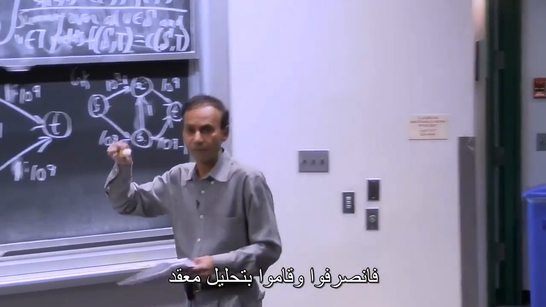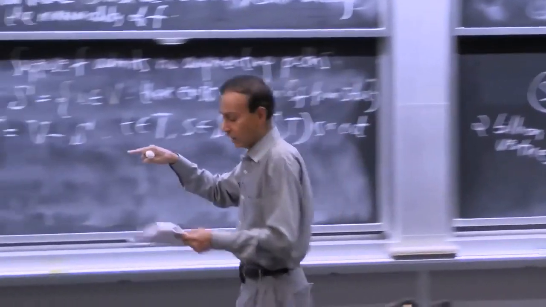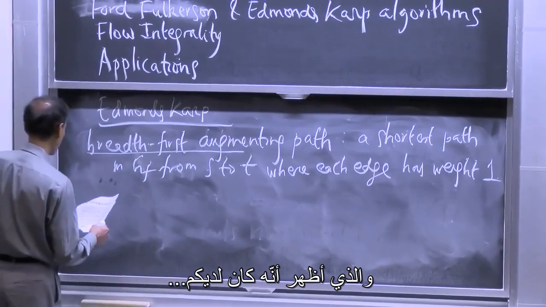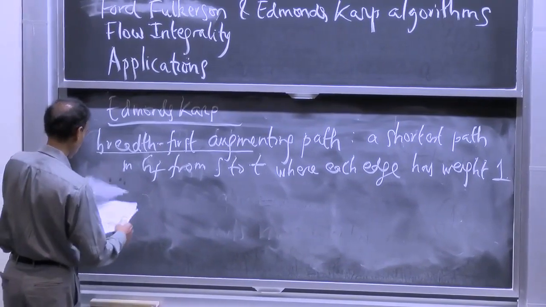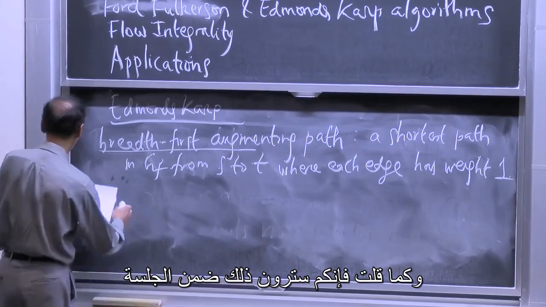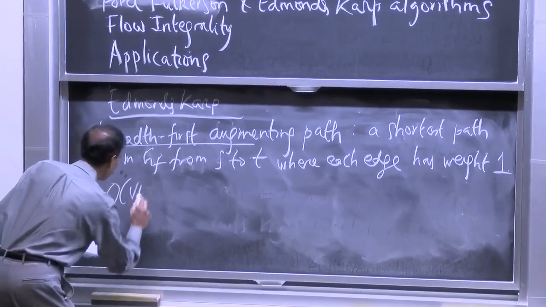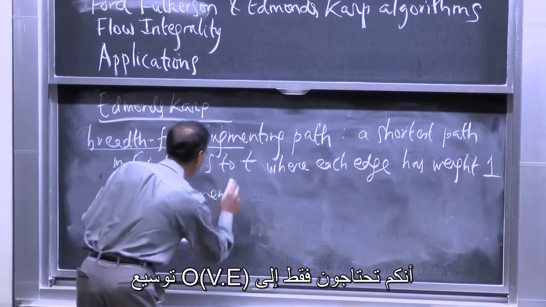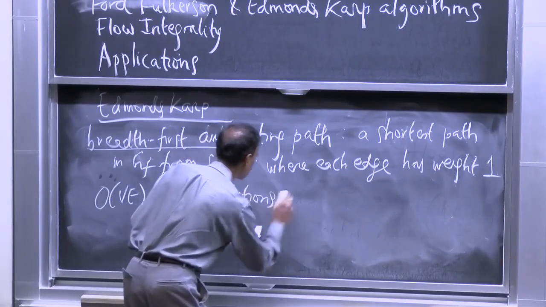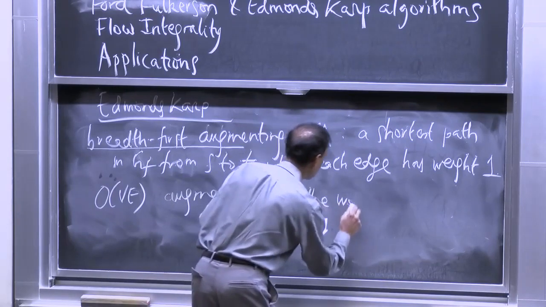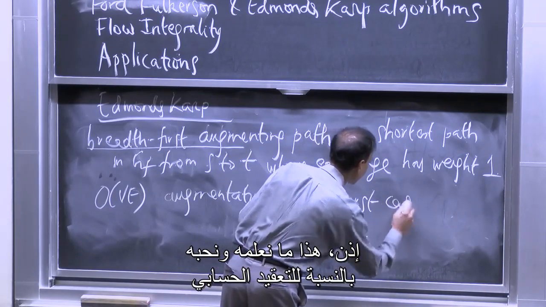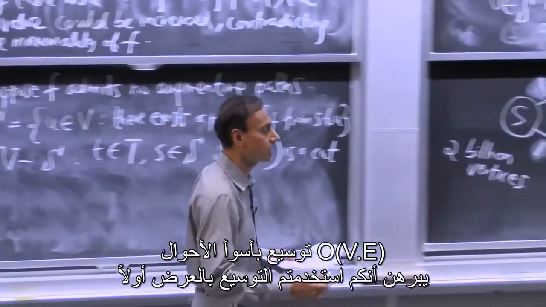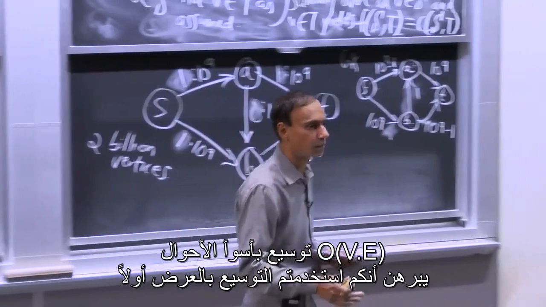And so they went off and did a fairly sophisticated analysis that showed, and as I said, you'll see that in section, that you only need order VE augmentations in the worst case. So this is what we know and love with respect to algorithmic complexity. Order VE augmentations in the worst case, provided you use breadth-first augmentation.